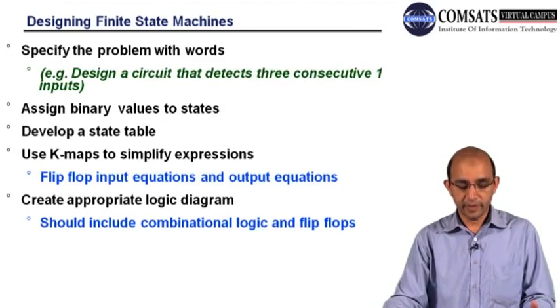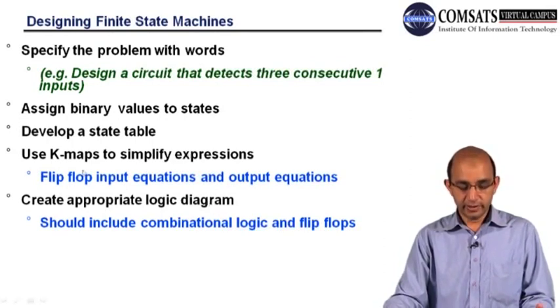So we assign binary values to those different states. Then we construct the state table that includes the present state and the input, and on the basis of those two columns we fill the next state and the output columns.